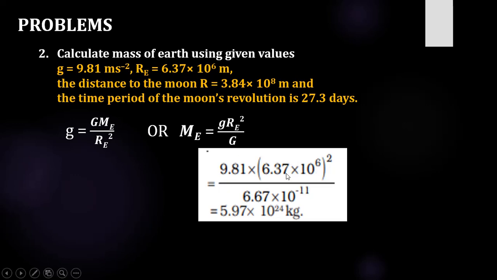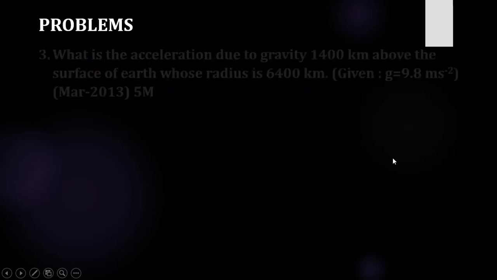While multiplying all these values, you get one more power, it will be added here, 10 to the power of 24. So the answer is 5.97 into 10 to the power of 24 kilogram. You have to practice it. If you have any doubt in calculating this value, you can ask it in the doubt clarification session.